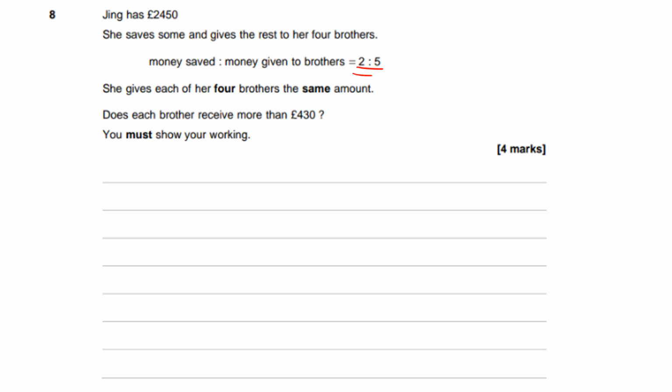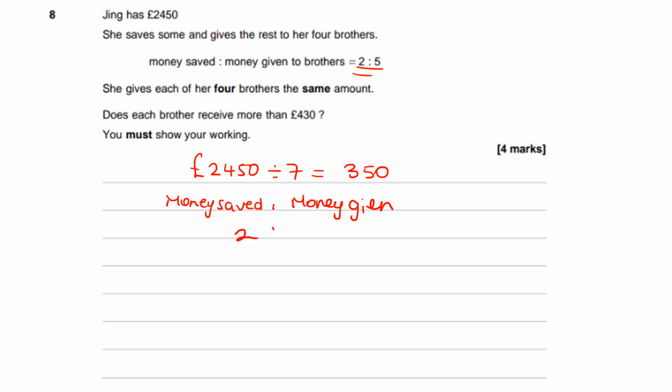So if I've got £2,450, the total parts of the ratio is going to be 7. So I'm going to have to divide this by 7, which should give me 350 each for the ratio. So money saved to money given is 2 to 5.